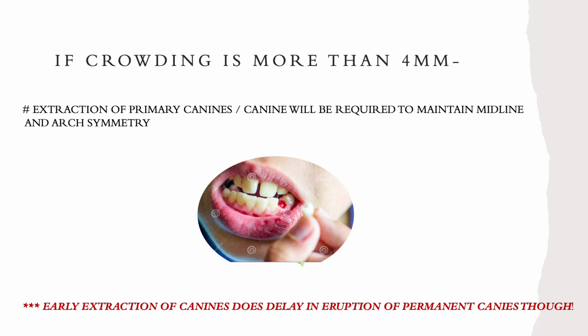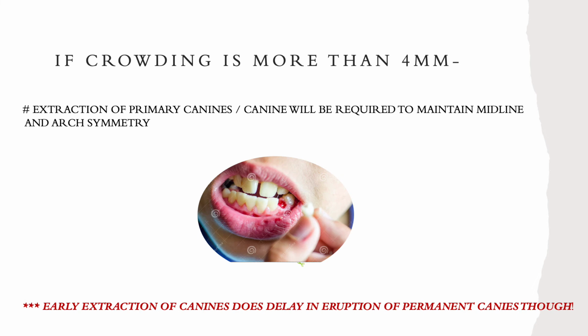But when it is more than 4 millimeters, then extraction or removal of the primary or milk canines, either both or only one, will be required to maintain the midline and the arch symmetry, that means the proper shape of the arch.